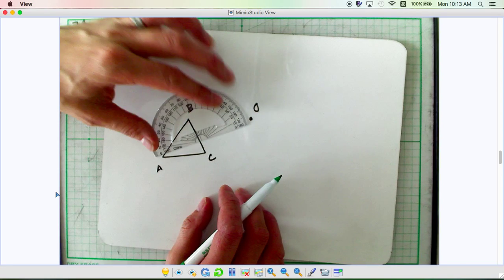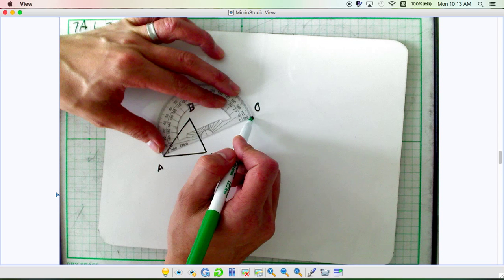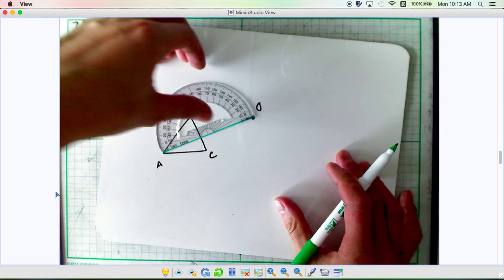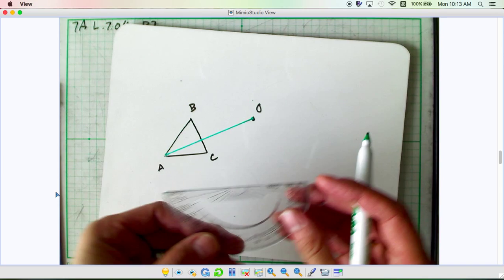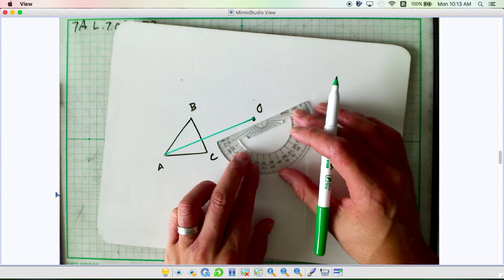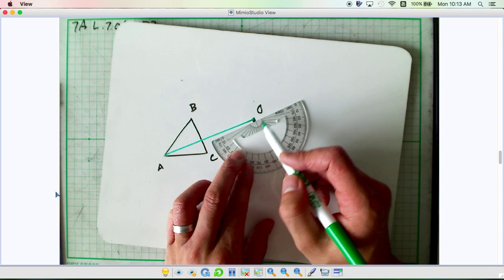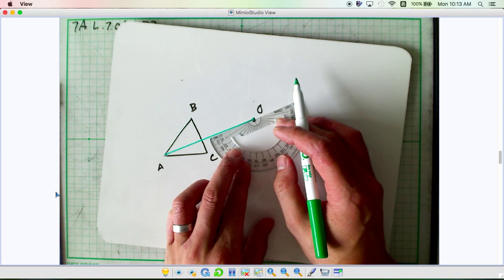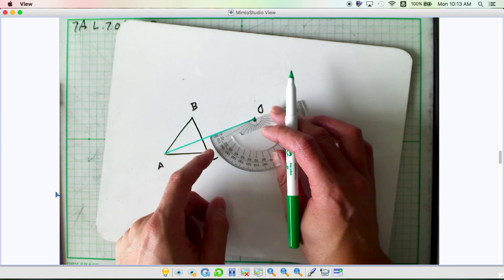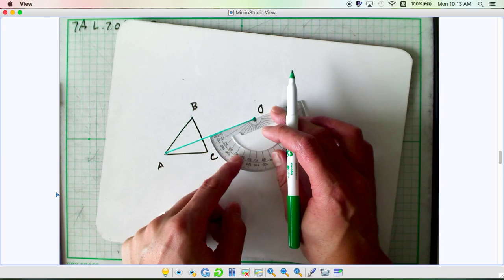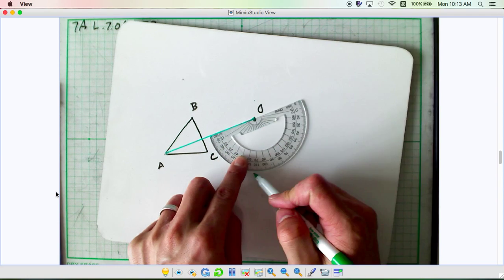So one way to do it is to draw a line like this, O to A, right? And then you're going to use this to fit the center to O and fit the edge, right? Then you go 65 degrees, 10, 20, 30, 40, 50, 65.